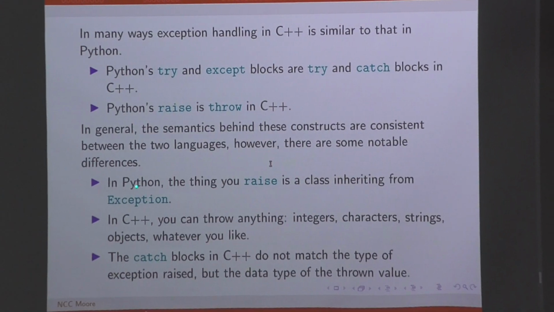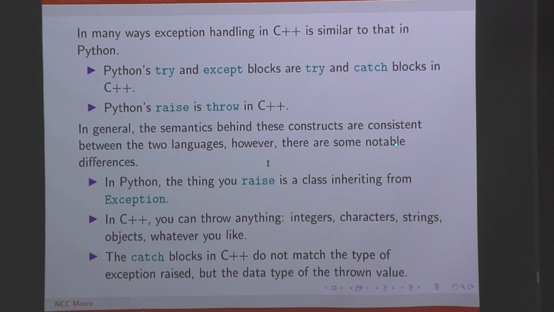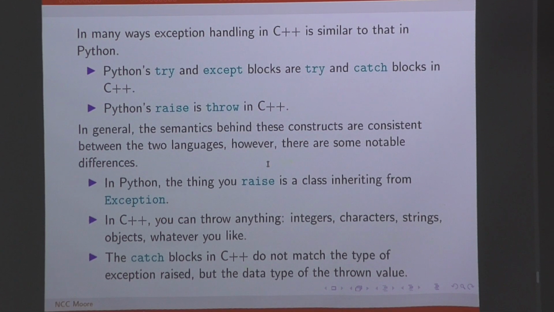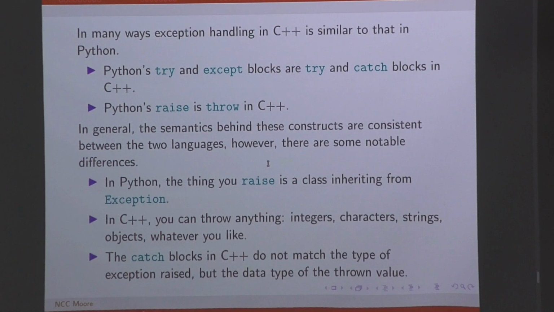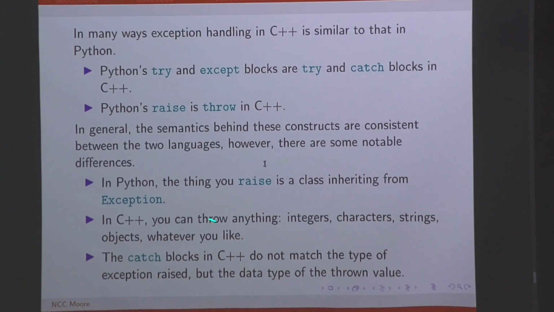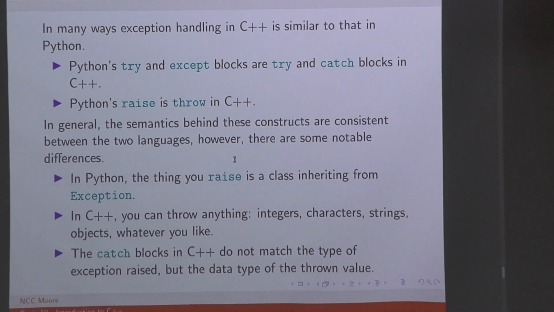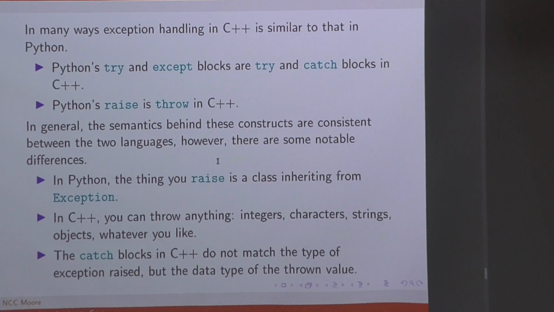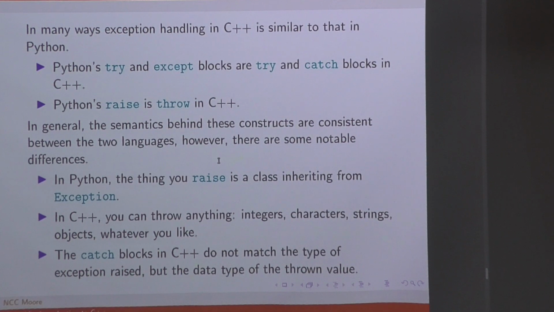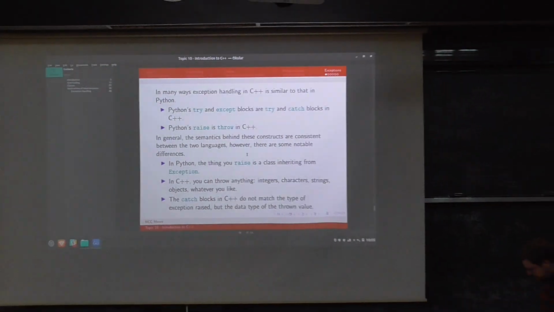In general, the semantics behind these constructs are consistent between the 2 languages. However, there are some notable differences. In Python, the thing you raise is a class inheriting from Exception. So in Python, when you get a value error, what has been produced is an object of the ValueError class.